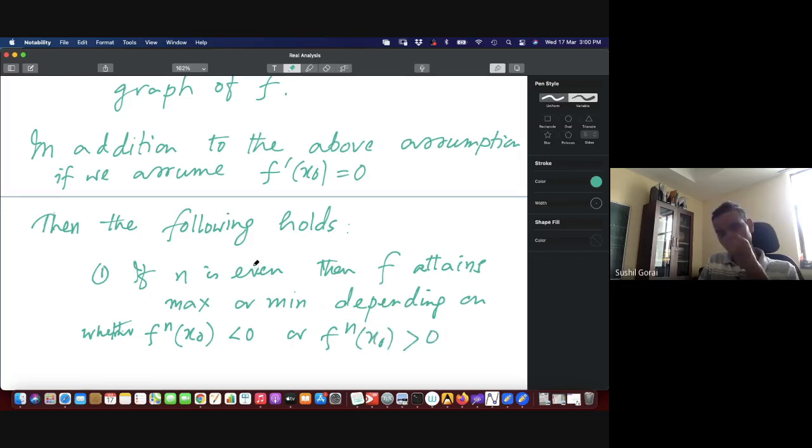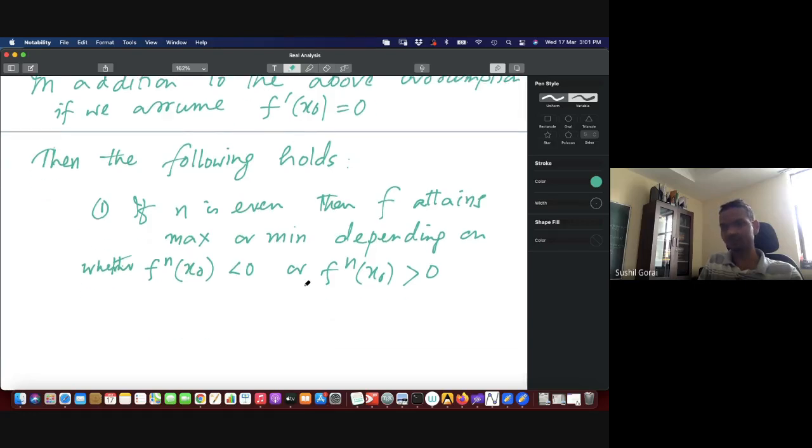Right? So you can determine max or min: even if the second derivative is 0, you can go to the higher derivative and determine whether there is a maximum or minimum.